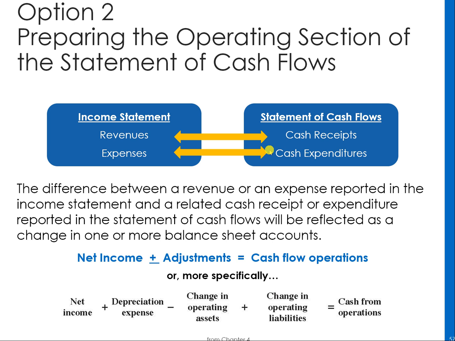But we don't have any expenses until we sell them. If we purchase inventory only, we don't have any expenses. So here we have a difference between expense and cash outflows. The increased amount of inventory explains the difference.